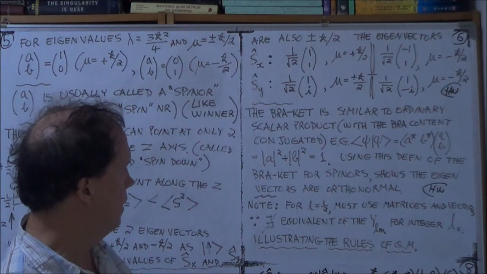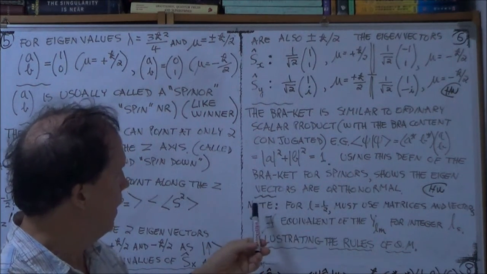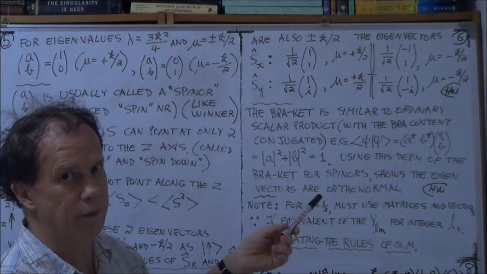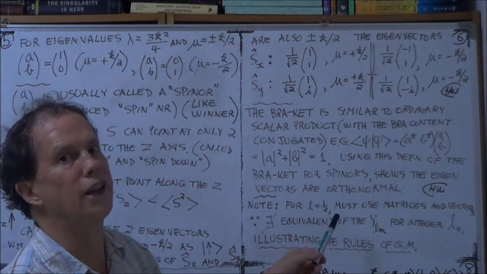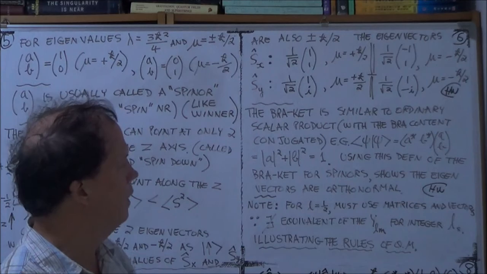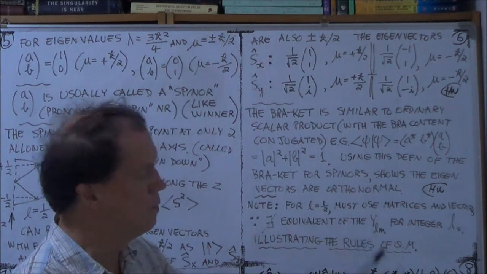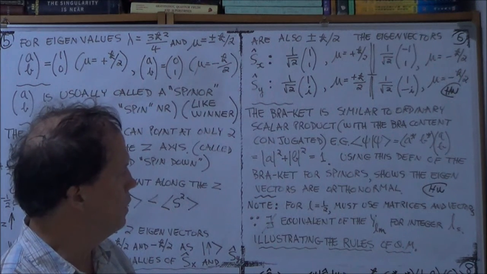Okay, a bit of a note here before getting onto a new topic. When you're talking half integer spin, half integral angular momentum, if you like, L is a half. You can't use your spherical harmonics because it's just not applicable.